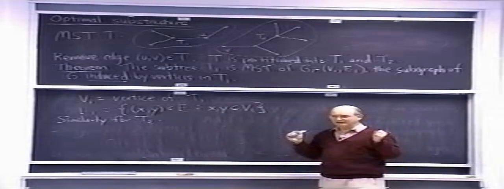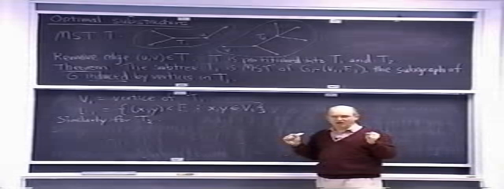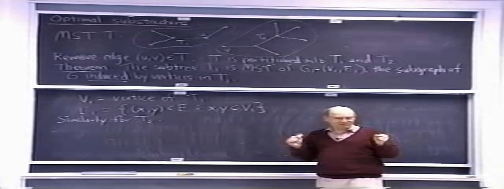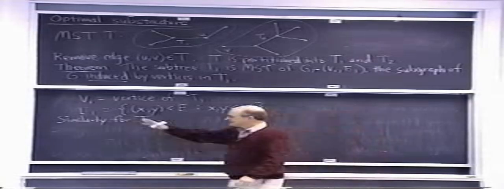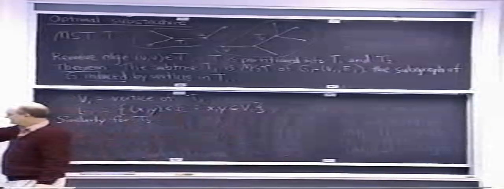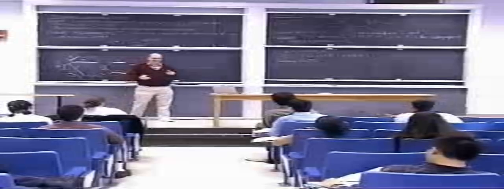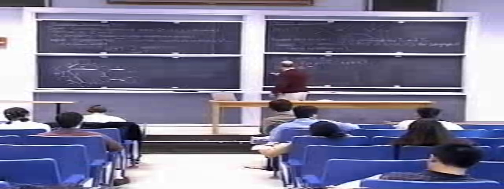And what's optimal substructure a hallmark of? Dynamic programming. So I don't have to find this kind of graph by, for example, checking every set of n edges to see if it's minimal. I'm going to be able to use more powerful techniques. So let's prove this theorem.